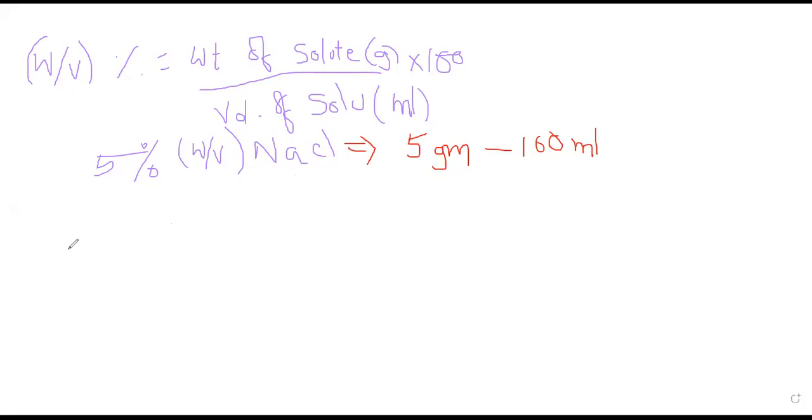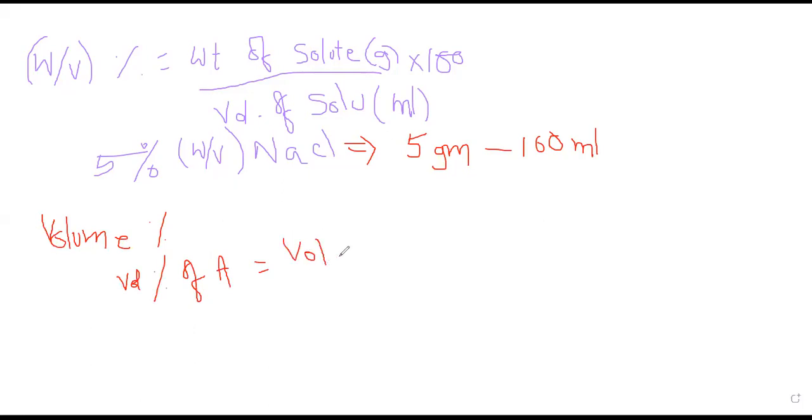Then another percentage is there, known as volume percentage. What is meant by volume percentage? Volume percentage of A is equal to volume of A divided by volume of A plus B, into 100.